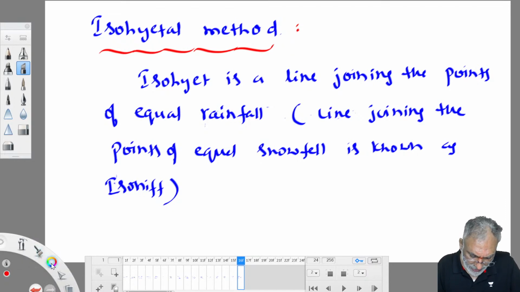Somebody will give you a catchment with isohyetal lines. They will draw isohyetal lines. Then our job is to find the area enclosed between two isohyetal lines and their respective rainfall values, and if you multiply, you will get the total precipitation.